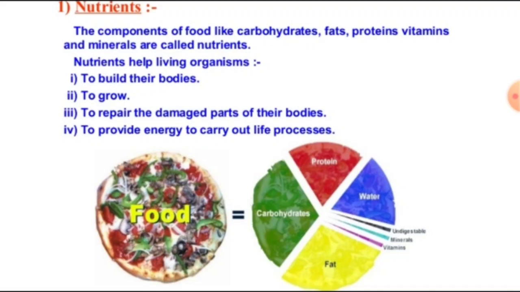I repeat again, the components of food like carbohydrates, fats, proteins, vitamins and minerals are called nutrients. Why do we need these nutrients? They help living organisms to build their body for growth, for the repair of damaged parts of the body, and to provide energy to carry out various life processes such as digestion, respiration, excretion and others.